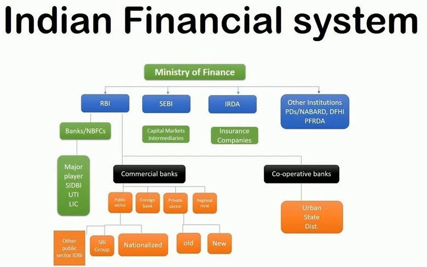Then the second type is capital market. There are mainly two types of capital market. First is primary market and second is secondary market. In primary market, IPO, FPO, etc., generally any corporate entity wants to raise funds for a long term, then they go for primary market, and for second onward transactions of their securities they go for secondary market.